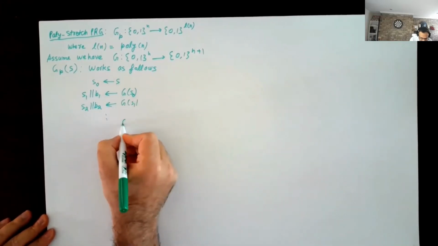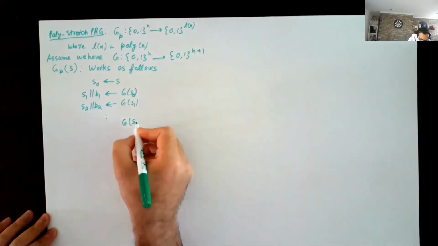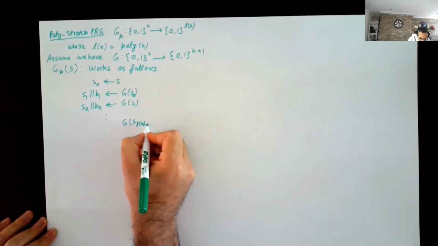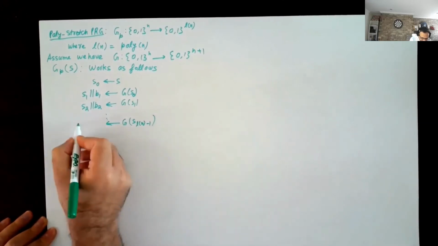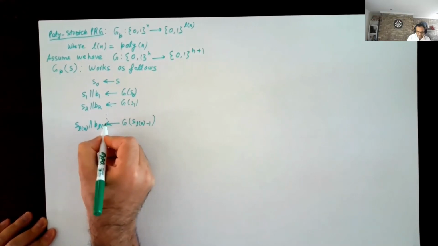And finally, you have G of S of L of n minus 1, and that would give us S of L of n concatenated with B of L of n.